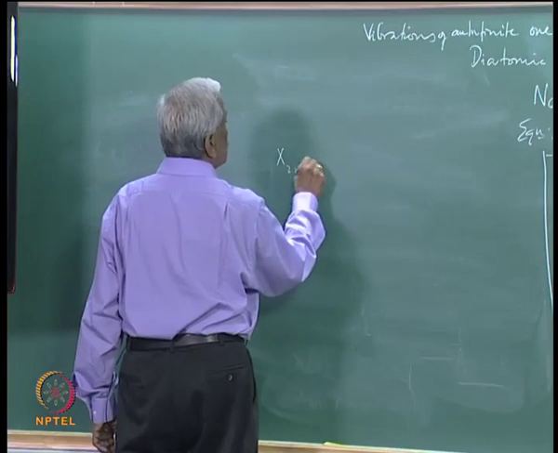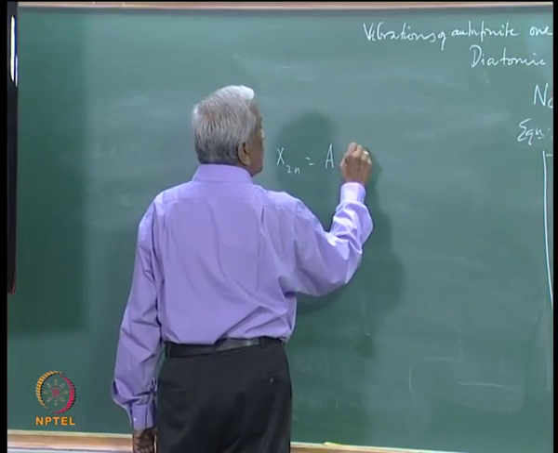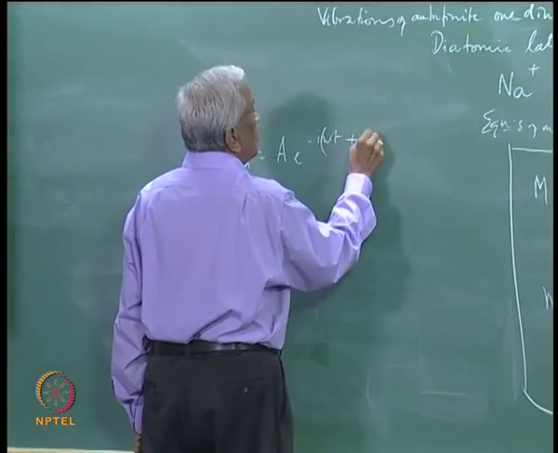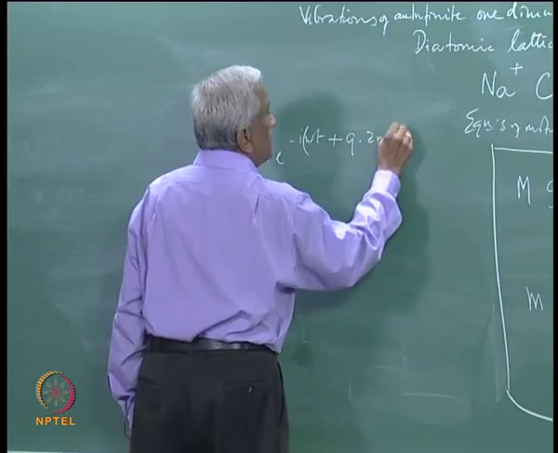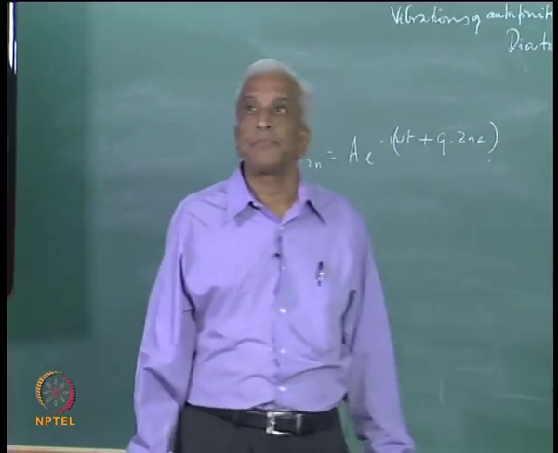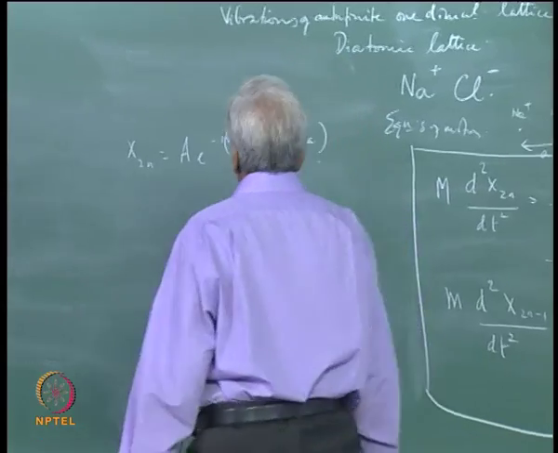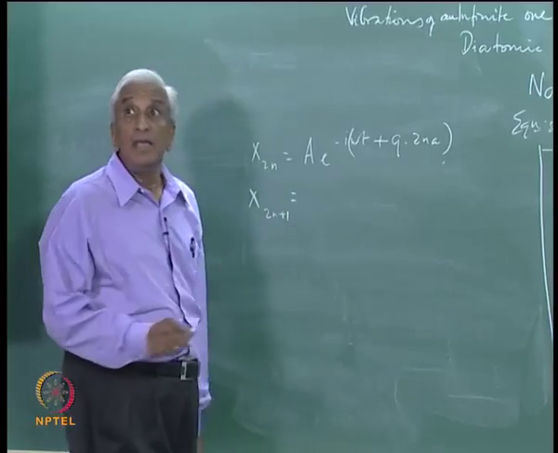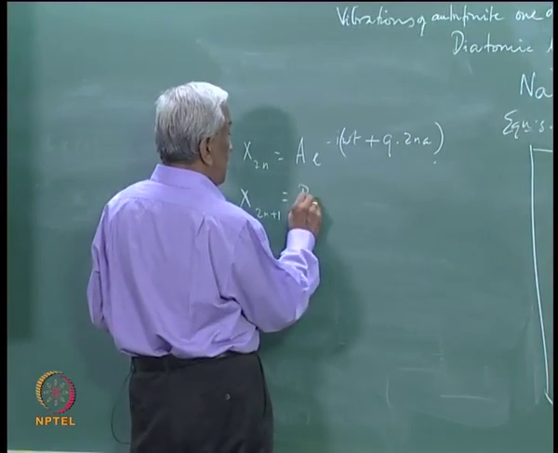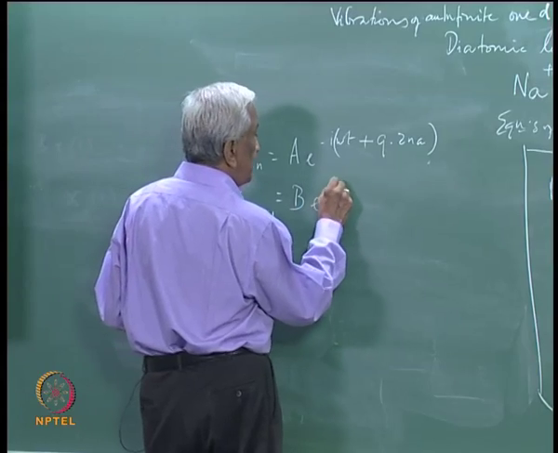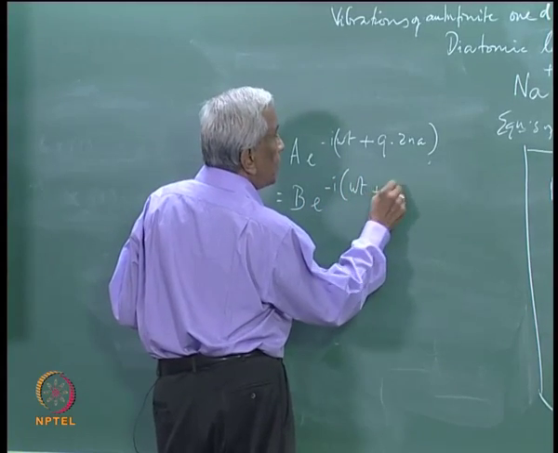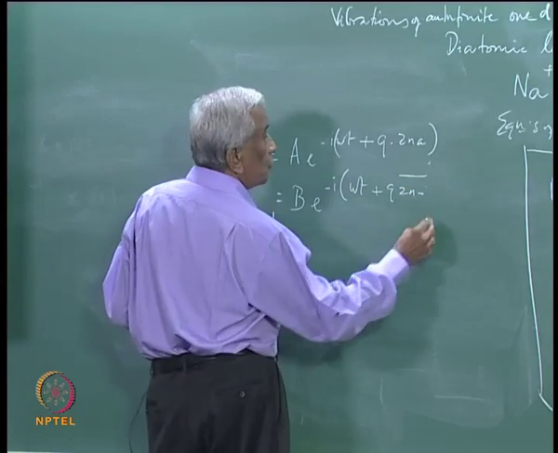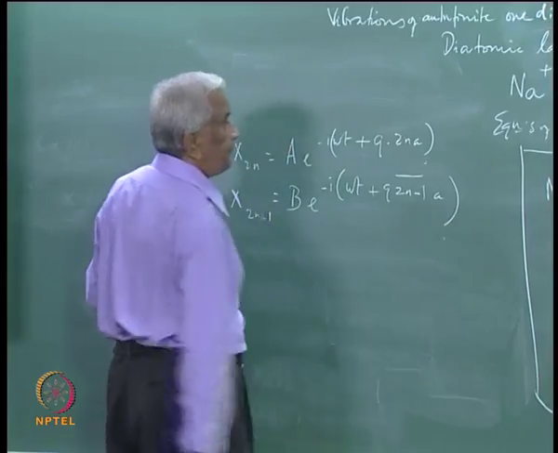So, we assume x 2n equals a e to the power minus i (omega t plus q into 2n a), and x 2n plus 1, for example, is not necessarily the same amplitude b, it will be e to the power minus i (omega t plus q into (2n minus 1) a).